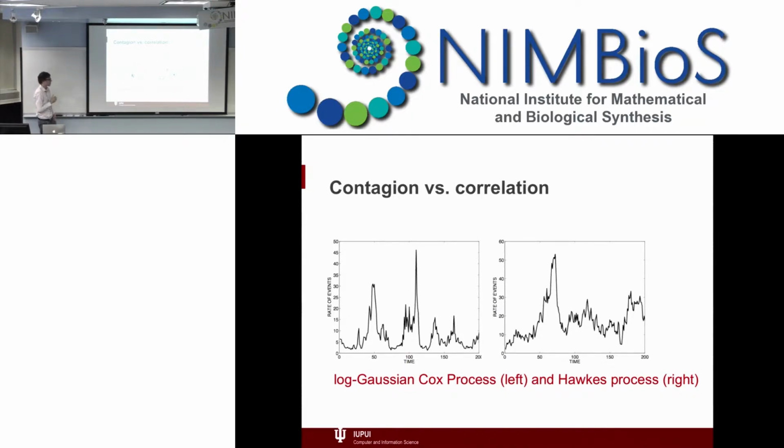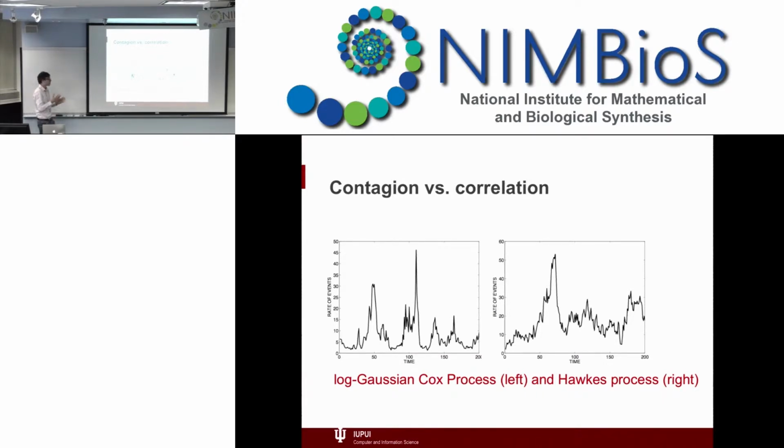In a log Gaussian Cox process, essentially the intensity follows a Brownian motion and will generate clusters just like a Hawkes process would. So visually, it's hard to tell if you have a Hawkes process or something that's really just correlation. And Charles also has a paper looking at gunshot data from ShotSpotter where he doesn't find contagion in that sort of data.